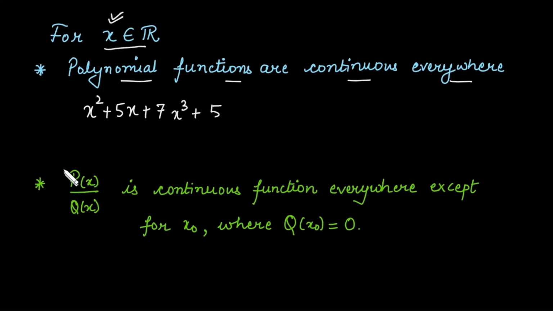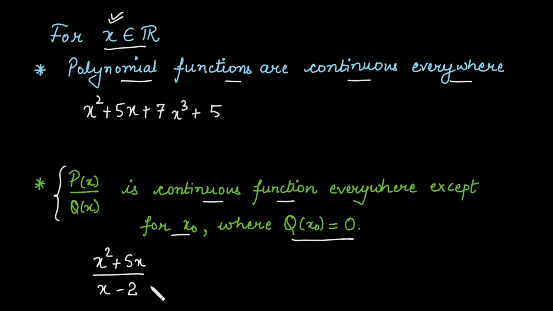Next is a rational function. This is called a rational function where the numerator and denominator are polynomials. This type of function is continuous except for those x naught where your denominator term is 0. For example, x square plus 5x upon x minus 2.